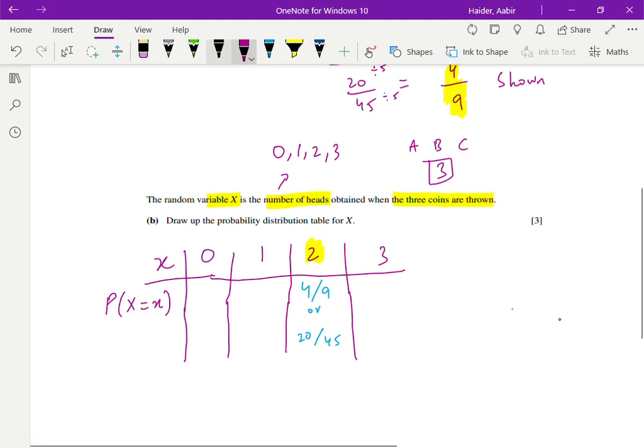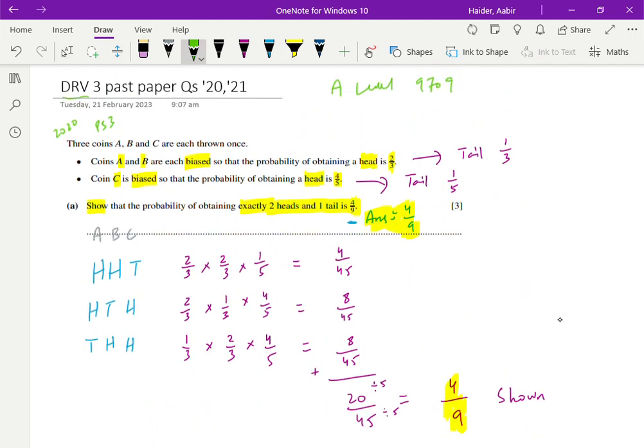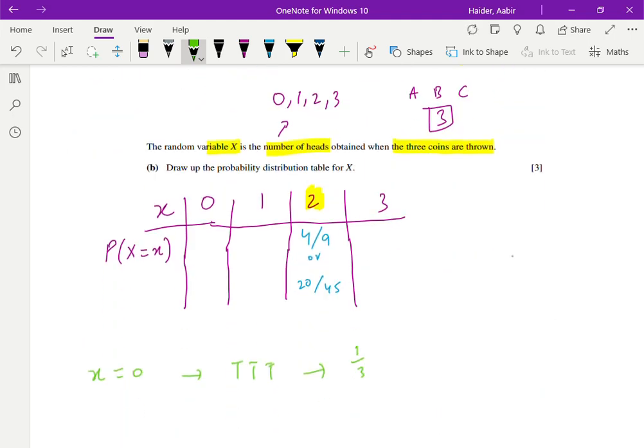So for 0, let's do the working here. For x to be 0 means all the tails, 0 heads. So all the tails will have the probability, as you can see here, we worked out the tails probability. So 1 over 3 for A, again 1 over 3 for B, and then 1 over 5 for C. That will give you 1 over 45.